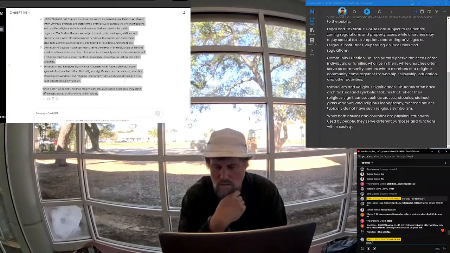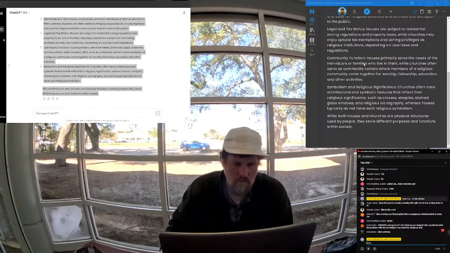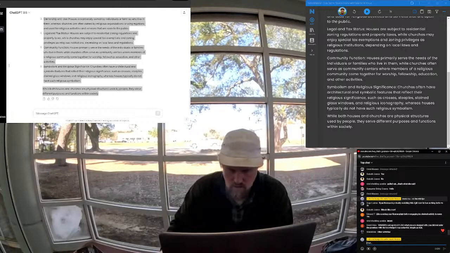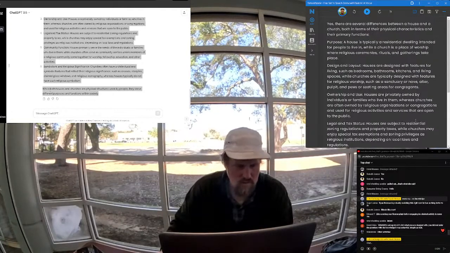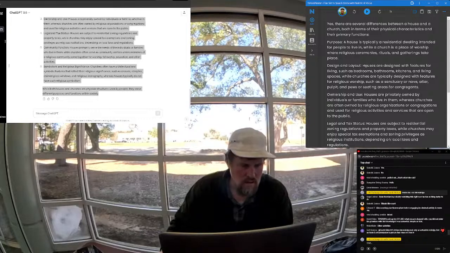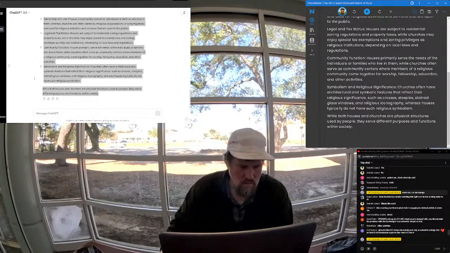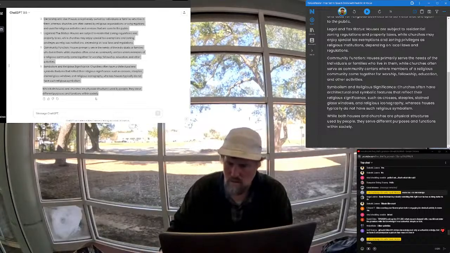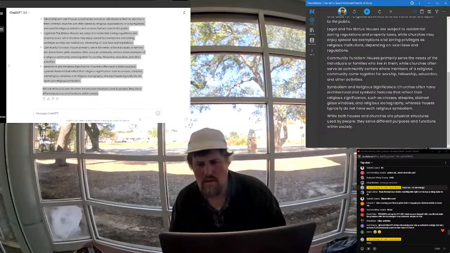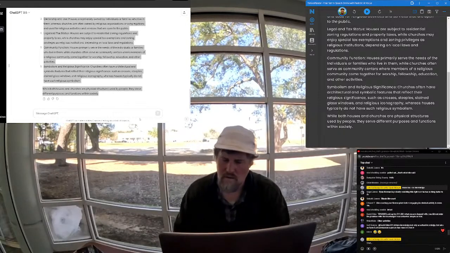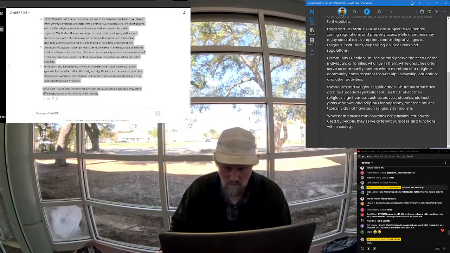It works together. Okay, so there's clearly a difference between a church and a house, by the way they're designed, by the way they're zoned. But somebody mentioned business. They're saying if you stand outside a business, you're trespassing.